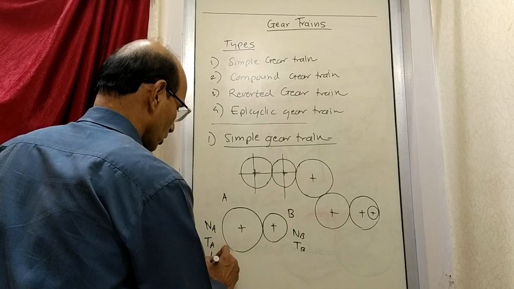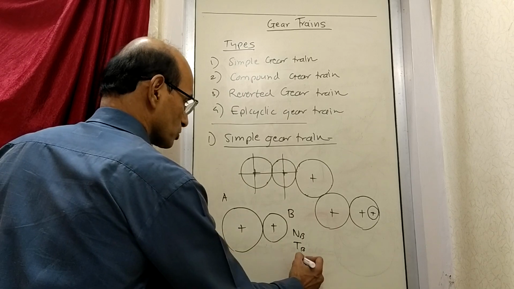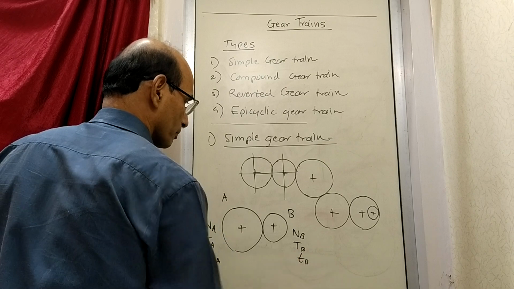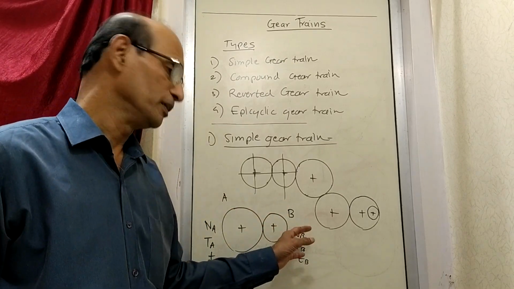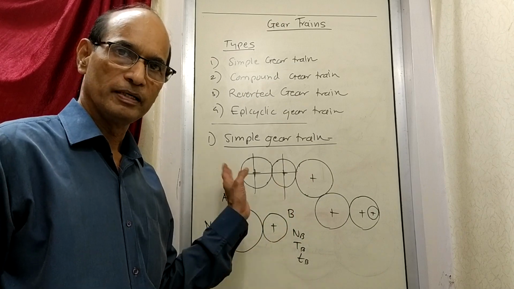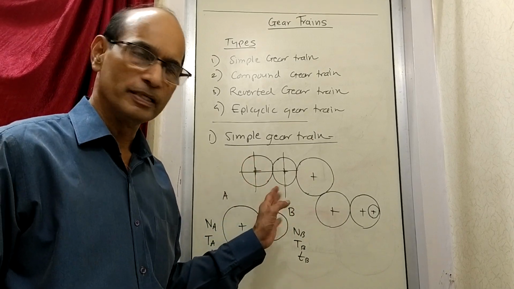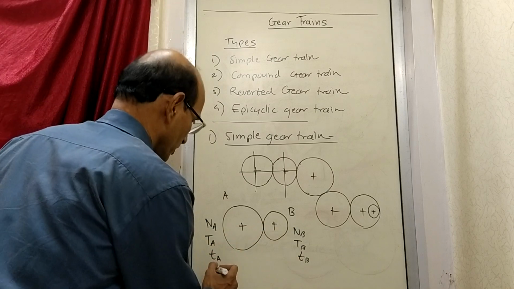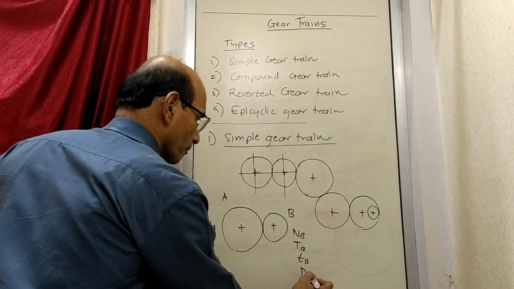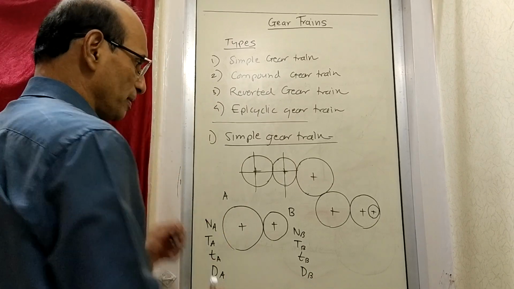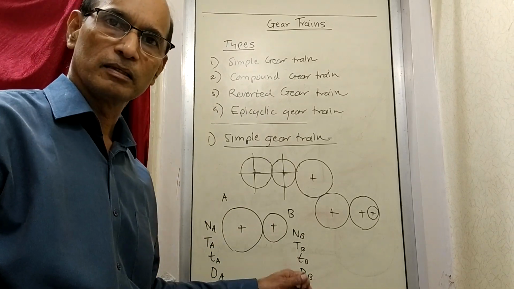This has got torque TA, this has got torque TB. So there is speed, teeth, and torque for gear B and gear A. Now even you can also add diameter. Diameter of A and diameter of B. Now these parameters, they are related to each other by certain expression.